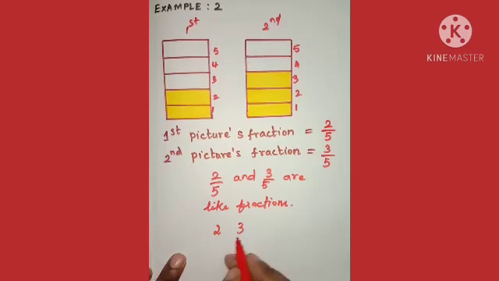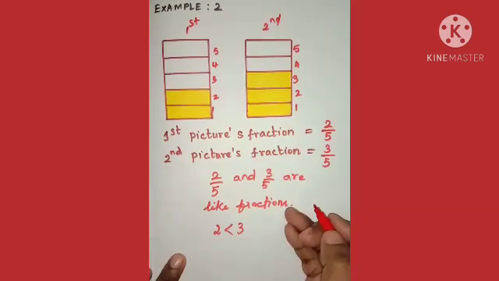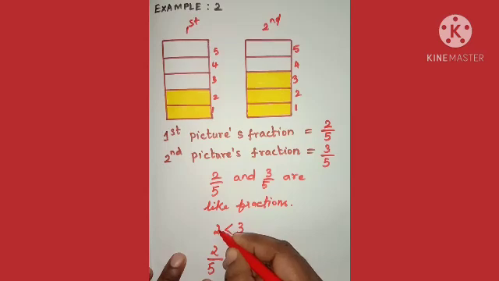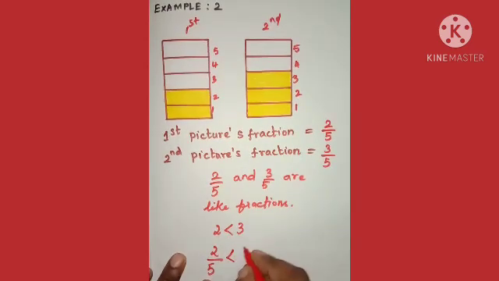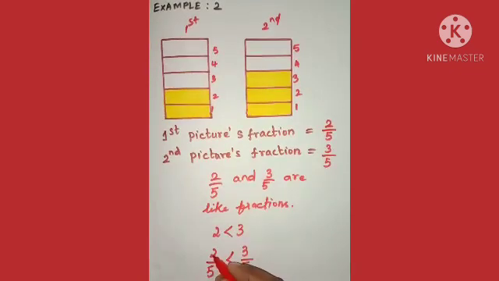Here what about the comparison of 2 and 3? Yes, 2 is less than 3. So in like fractions, we can easily say that the fraction having the lesser numerator will be less than the fraction having the greater numerator. That is, the fraction 2 by 5 is less than 3 by 5.